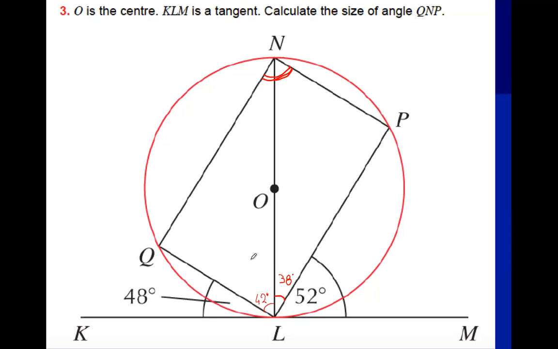So the other thing is, you've got a right angle, because I've got a half semicircle, so this is 90. And NP, that's 90 degrees. And I've got the same here, this is 90.